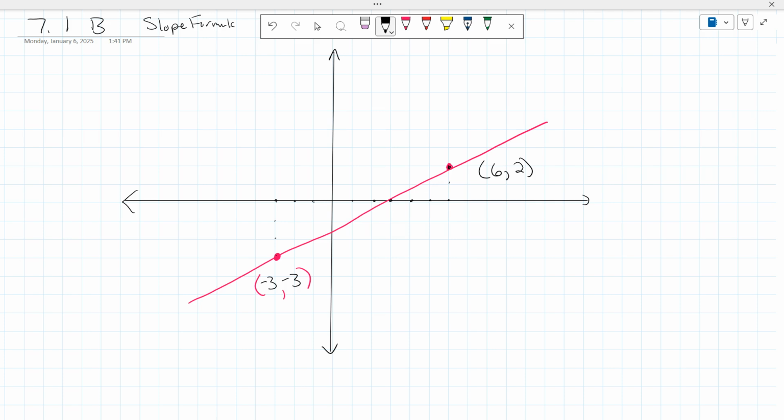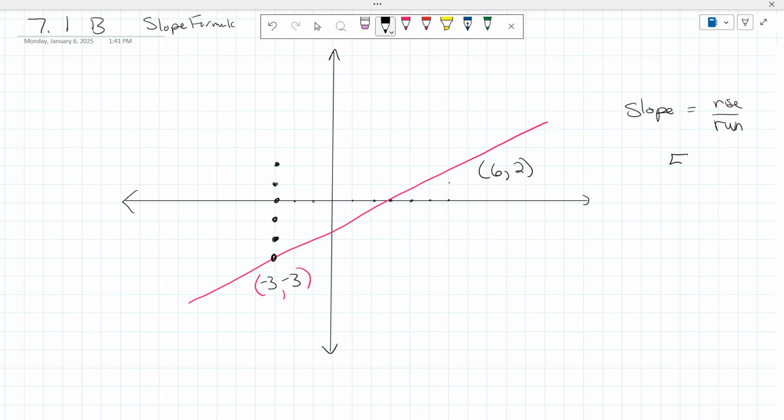X is left and right, Y is up and down. All right, so then, if we counted slope for rise over run, from this point to this point, I rise 1, 2, 3, 4, 5.